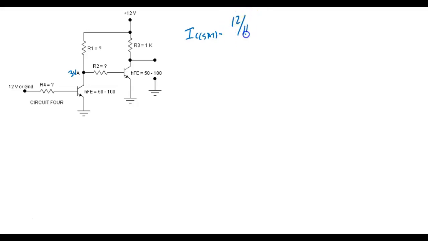Good. That would be 12 milliamps, right? And then I can calculate IB sat. Yeah, 12 milli divided by 50.